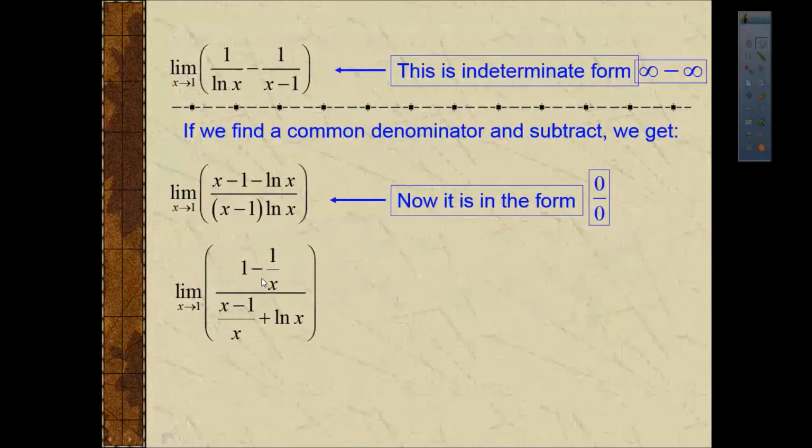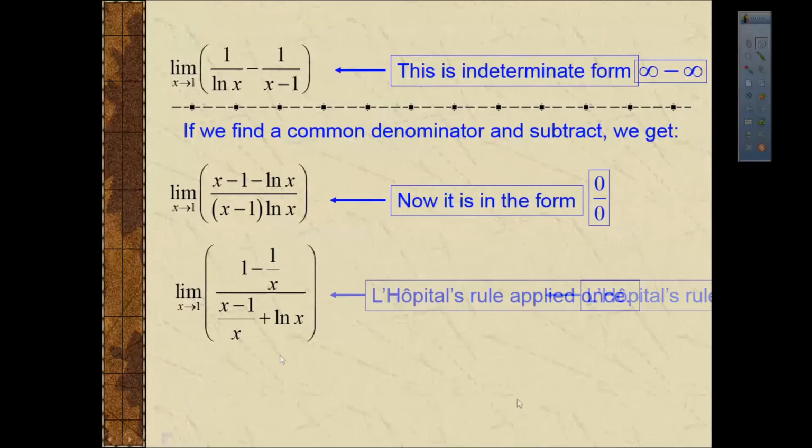I've done the derivative of the numerator and the derivative of the denominator. Now let's try plugging in 1 again. I get 1 minus 1 over 1, 0 in the numerator, and 0 over 1 plus natural log of 1, 0 in the denominator. I got an indeterminate form again.